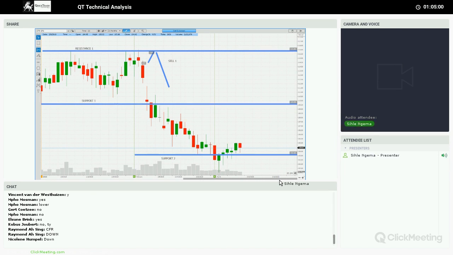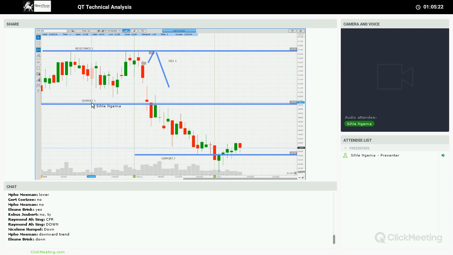I have down CFR. Yes. We are currently in a downward trend on the basis of the fact that January's low, which is support 1, is higher than February's low. February's low is lower than January's low. So support 2 is lower than support 1.